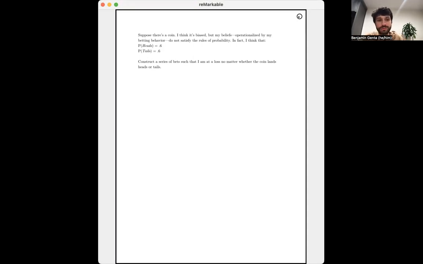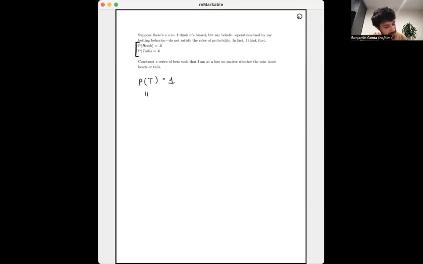Okay, if you've paused and gotten stuck and now you're looking at it, then we can start. So step one is to say, here are my beliefs. Do they really violate the rules of probability? And yes, they do. Remember by rule 1 that the probability of a tautology is equal to 1.